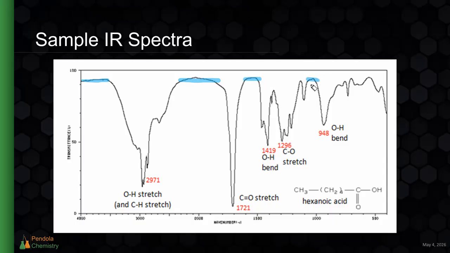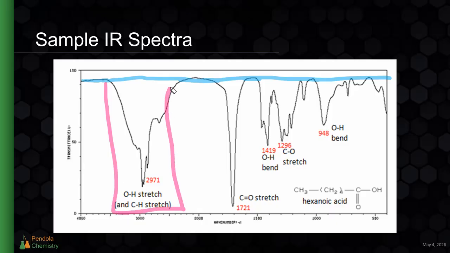And we're looking for, I'll just draw across, significant dips. So we have one here where we see a dip around 2971, and that will be the OH in the spectra.